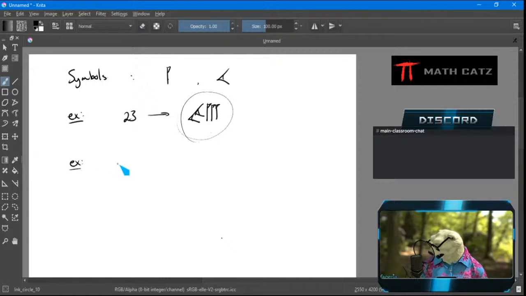Then we saw that if we have something a little bigger, like, I don't know, 612, then we can only go up to 59 in a single place, a single cluster. So we're going to say, well, this is 10 groups of 60 plus another 12.